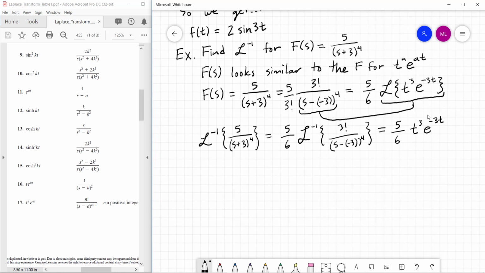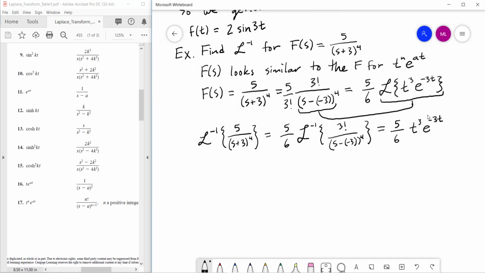Okay. So basically, these are not necessarily difficult, but they require some practice. They're definitely something that gets easier with practice. And it's just kind of pattern recognition and trying to match stuff into our table. So let's just do some more of these to, again, get some practice.